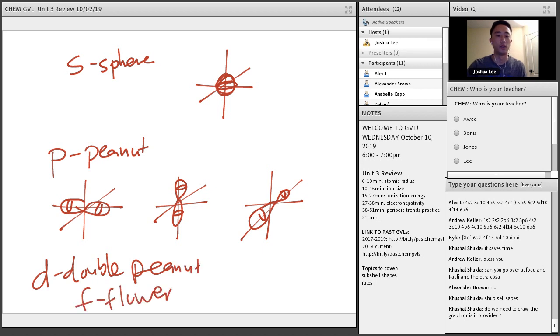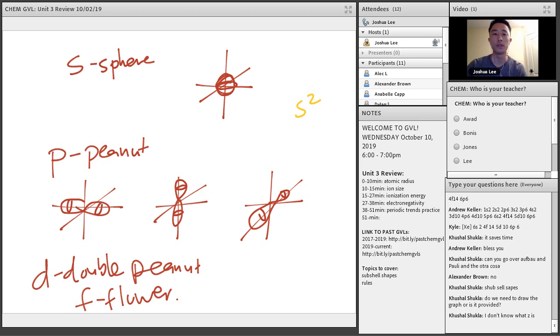It gets more convoluted. I might give you the graph. You might have to draw the axes. I'll probably give you the axes if you have to draw. And pretty much if I told you to show an electron in, let's say, S2, all you have to do is draw the sphere and then draw two dots somewhere on the sphere.